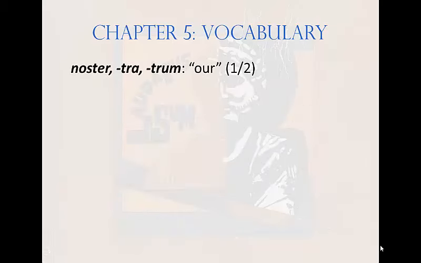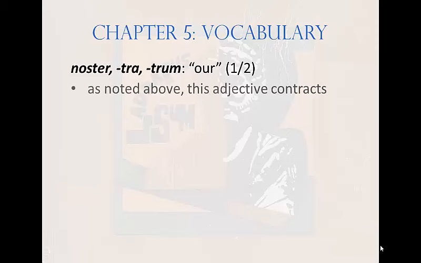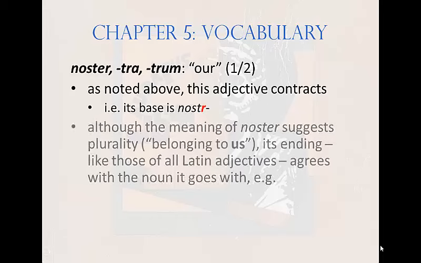The next word is noster, nostra, nostrum, meaning our, that is, belonging to us. It's a first-second declension adjective. As we noted above, this adjective contracts, so its base is nostr. Although the meaning of noster suggests plurality, because it means belonging to us, its ending, like those of all Latin adjectives, agrees with the noun it goes with.